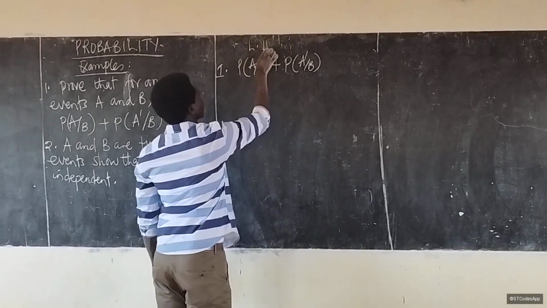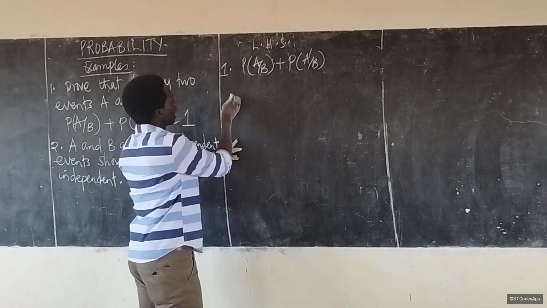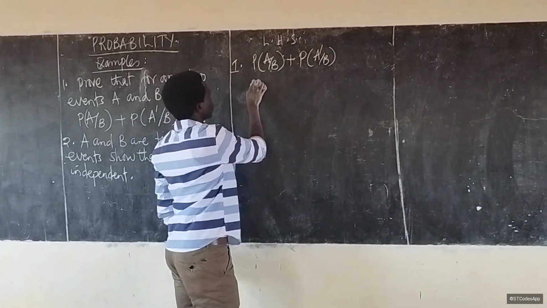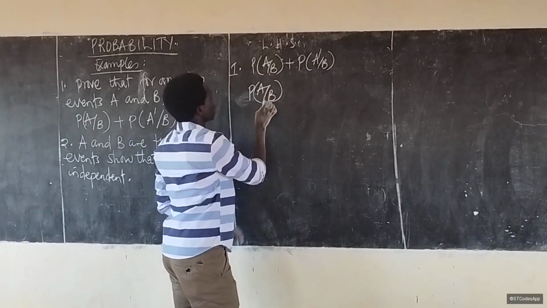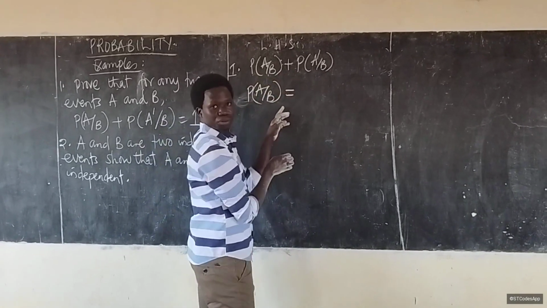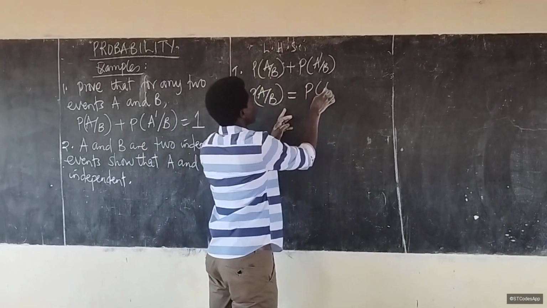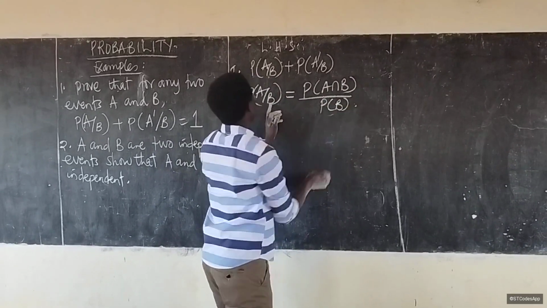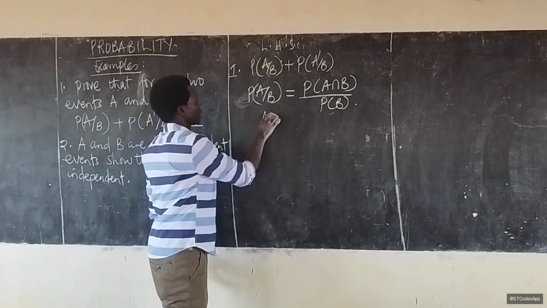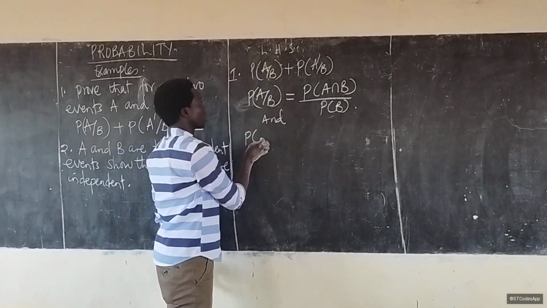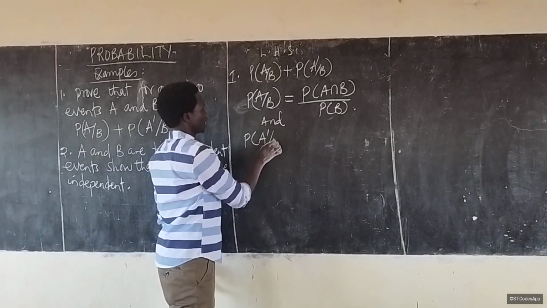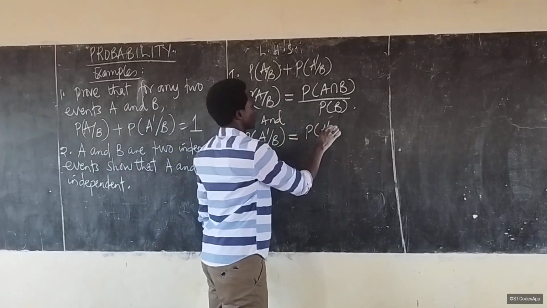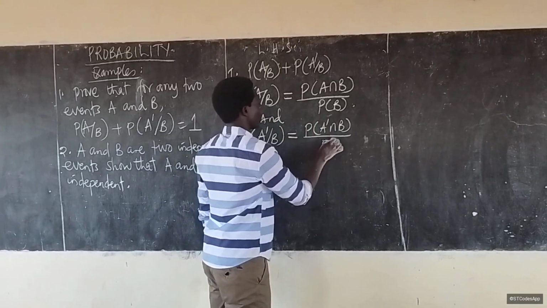Probability of A given B is equal to probability of A intersecting B out of the probability of B itself. And probability of A prime given B is equal to probability of A prime intersecting B out of the probability of B.